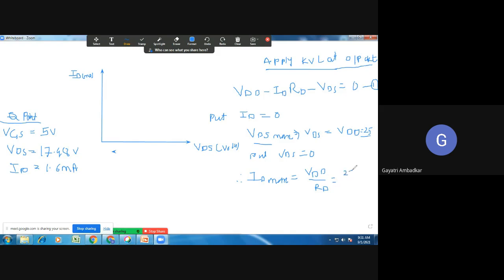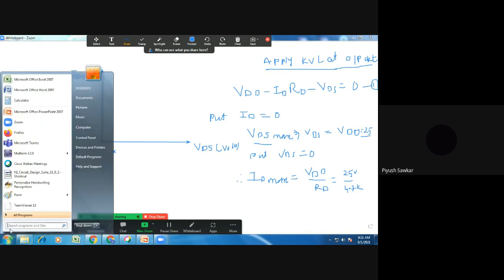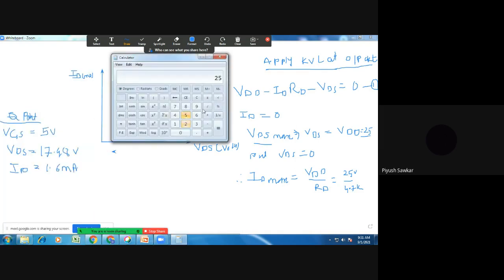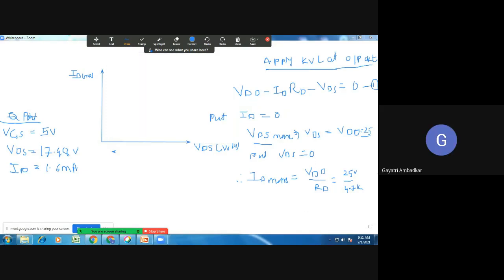It will be 25 volt divided by RD, which is 4.7 K. I got 5.3 milliampere.